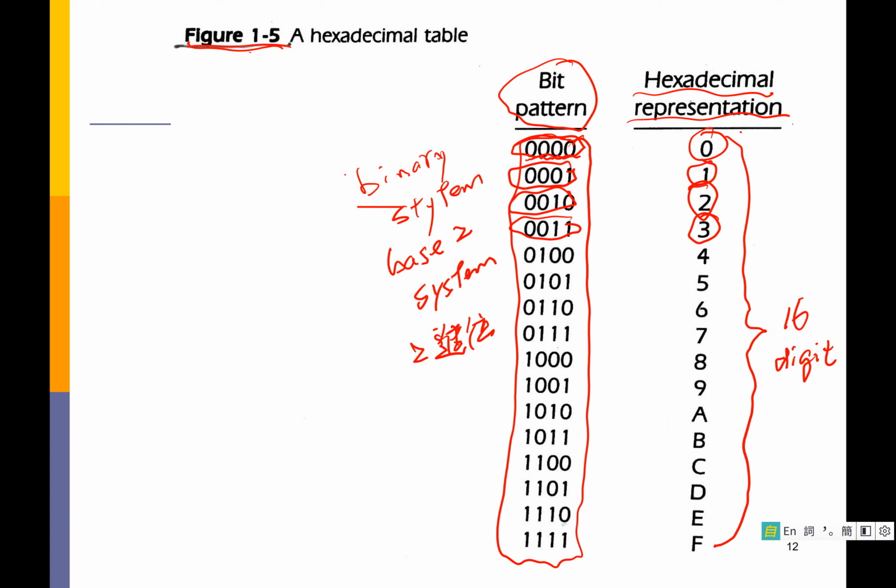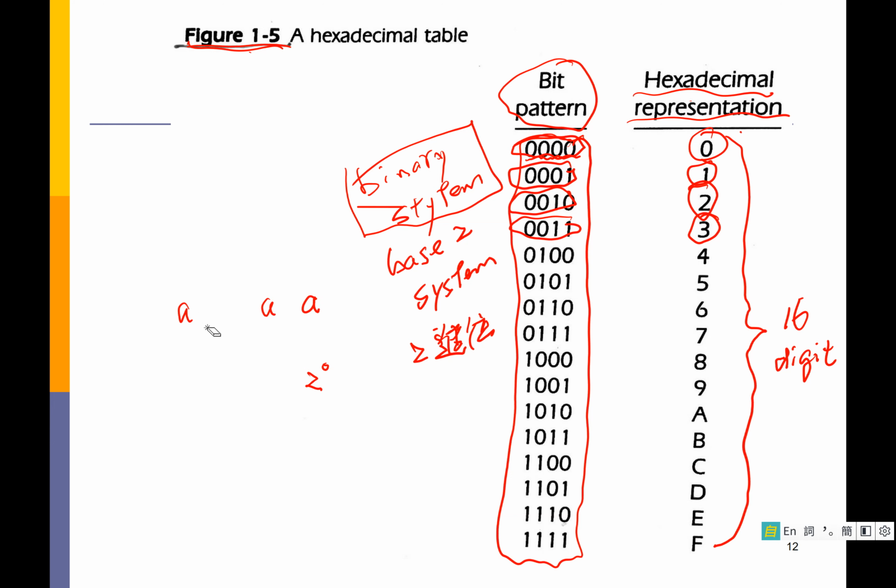What is binary system? The first digit here, we call it A1. The second one, we call it A2, from right to left. A3, A4. Now, in binary system or base 2 system, the weight for A1 is 2 to the power 0. Maybe I should call, we do it again.